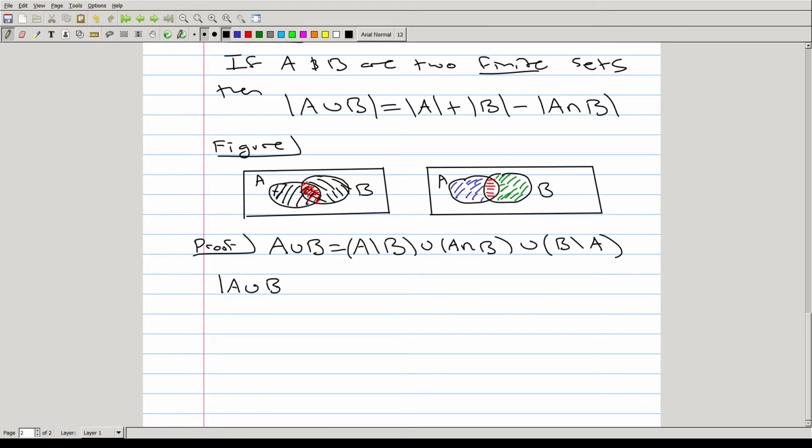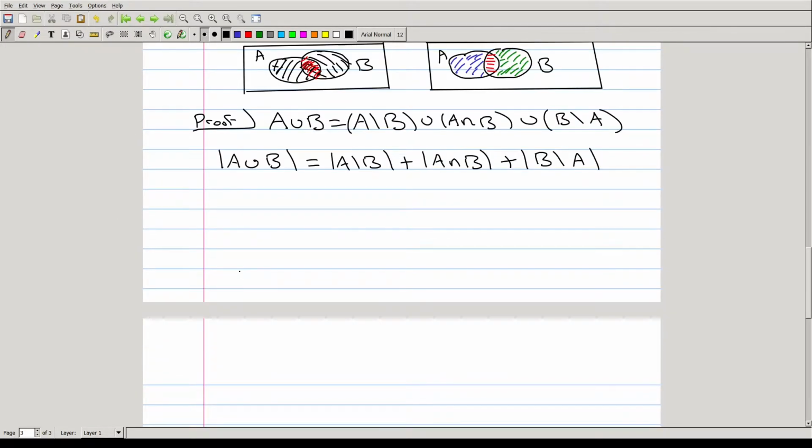And then by lemma 1, the size of A union B will be the size of A minus B plus the size of A intersected with B plus the cardinality of B minus A. This is our starting point.